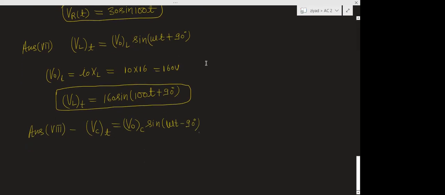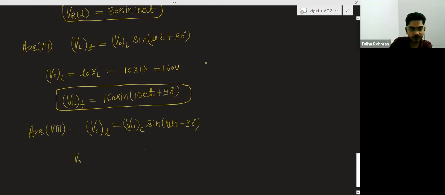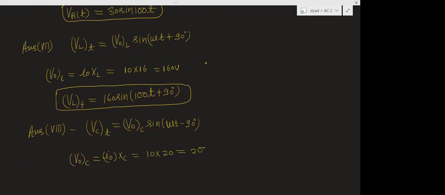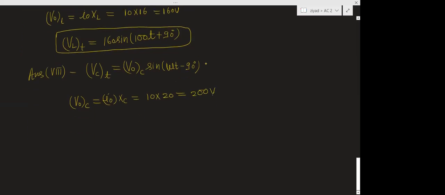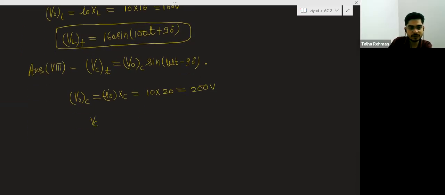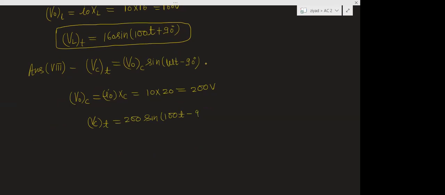We do not have V naught C, so we can find this. This will be I naught into XC. I naught is 10, XC is 20. This will become 200 volt. Now we can find VC of t, that is equal to 200 sine, omega is 100, 100 t minus 90 degree.